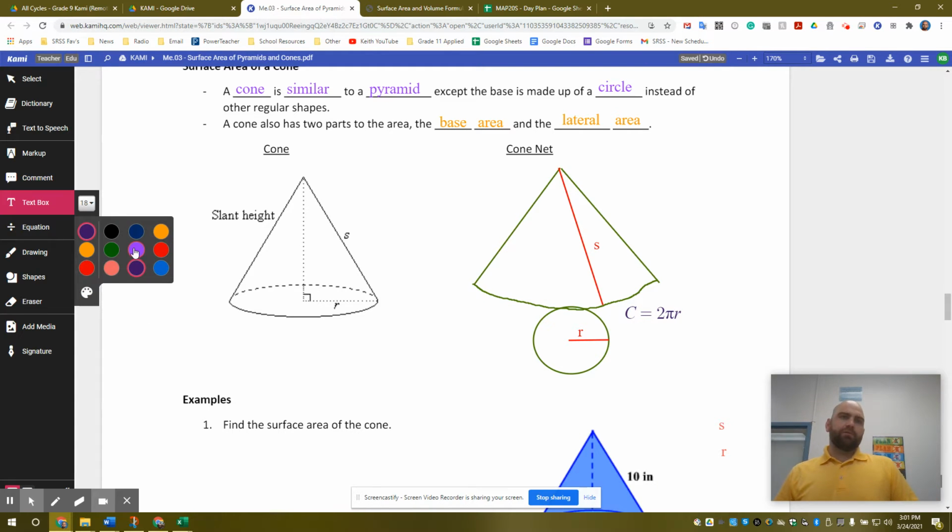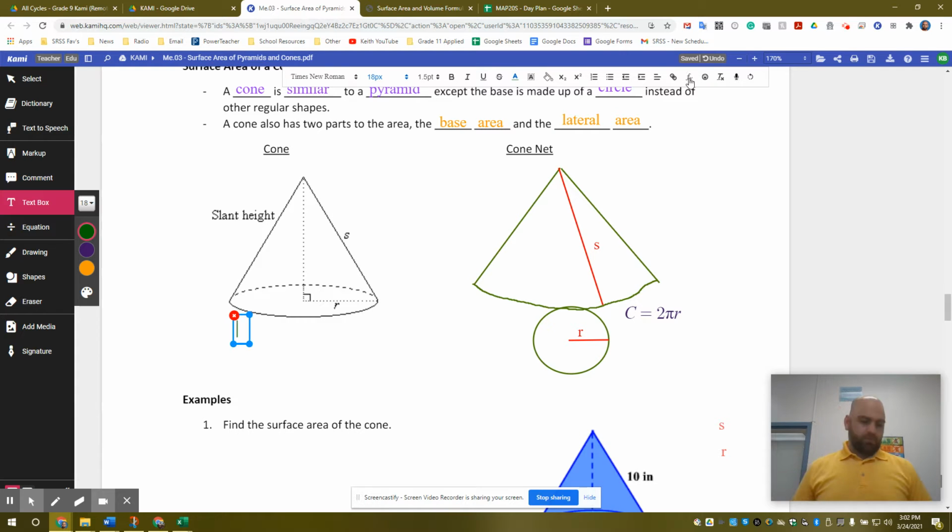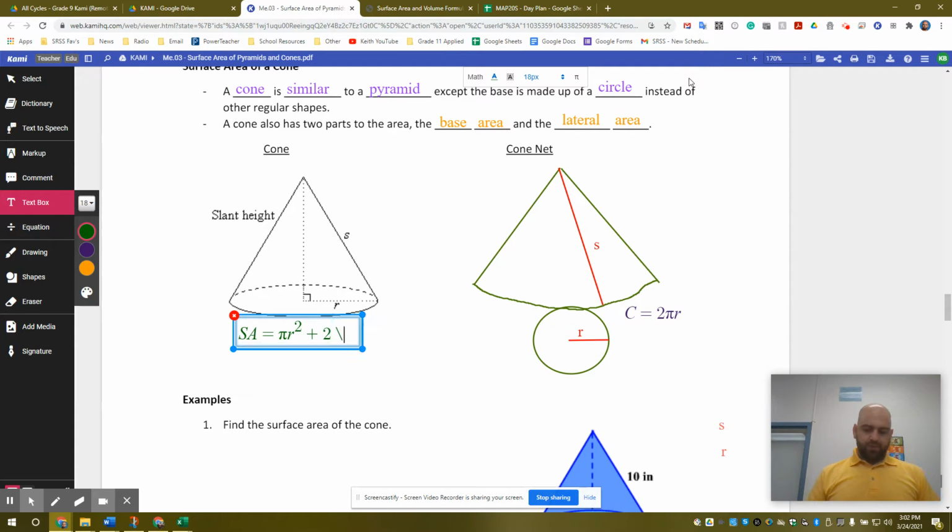Now, when we write out our formula to find the surface area of a cone, surface area is equal to the base area, which we said was pi r squared, the area of our circle, plus the area of that triangle. So base times height divided by 2. It's going to be 2 pi r times the height divided by 2.